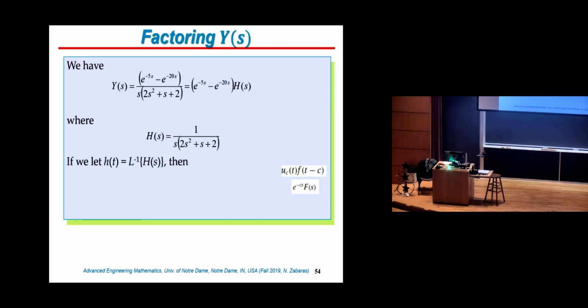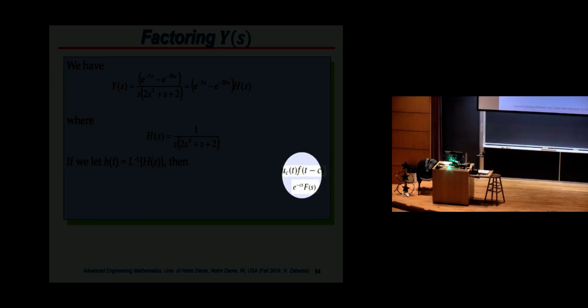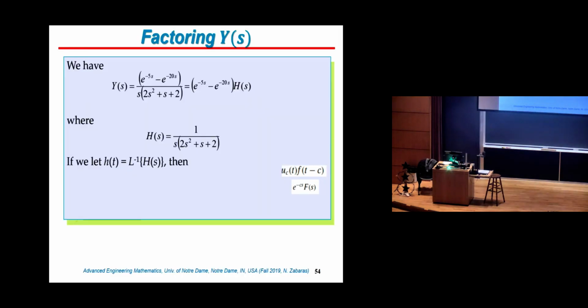So effectively, actually, it's not just the shifted step function. It is the function f of t shifted in time by distance c. All right? And we use this step function uc of t to indicate that from 0 to c it is 0. And then after that, we have 1 times the shifted function. Okay, excellent.